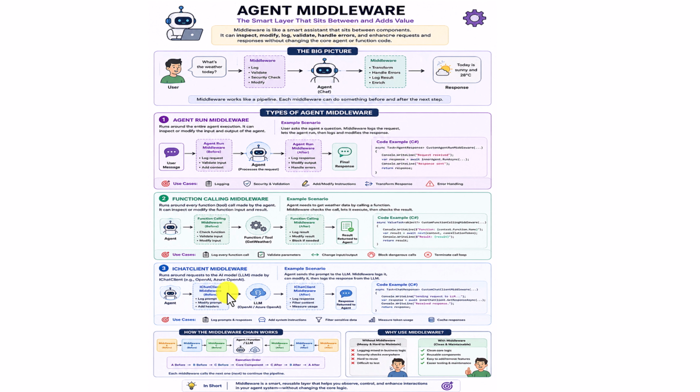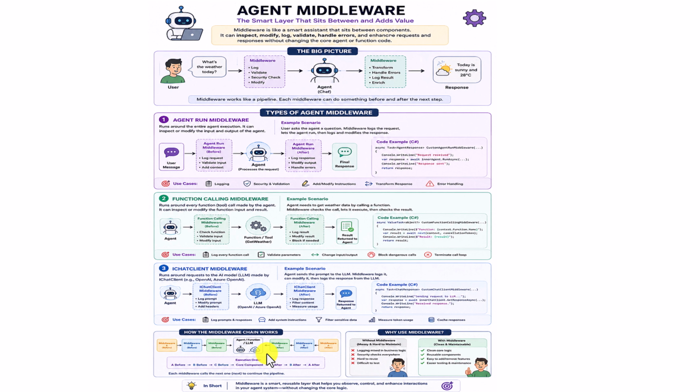Before the prompt reaches the model, the chat client middleware can inspect or modify it. After the model gives a response, chat client middleware can inspect or modify the response before it goes back to the agent. For example, the agent sends the prompt to the LLM, middleware logs it, can modify it, then logs the response from the LLM.